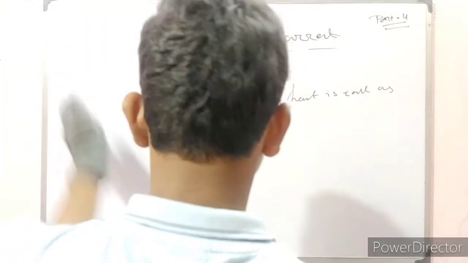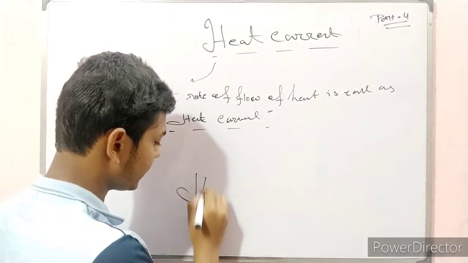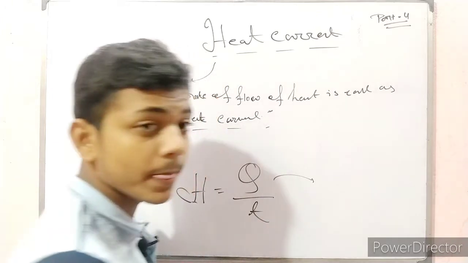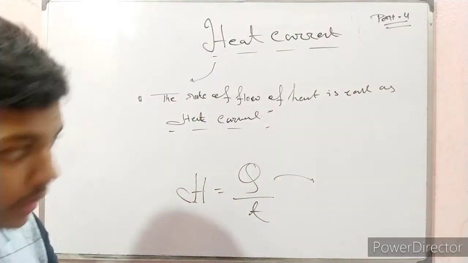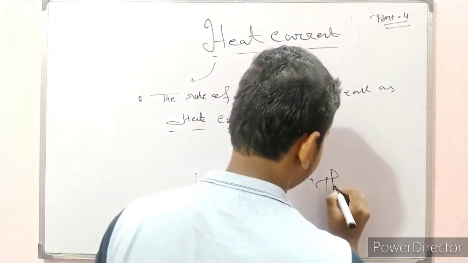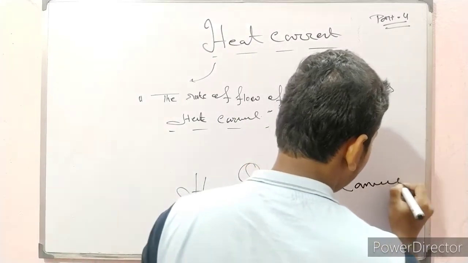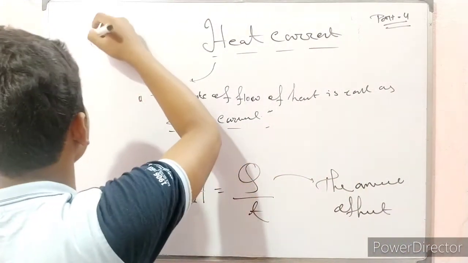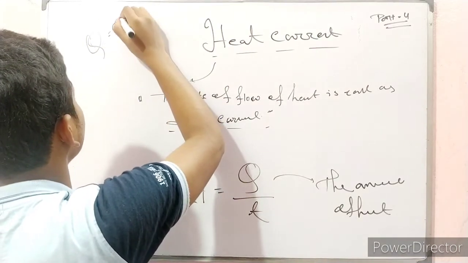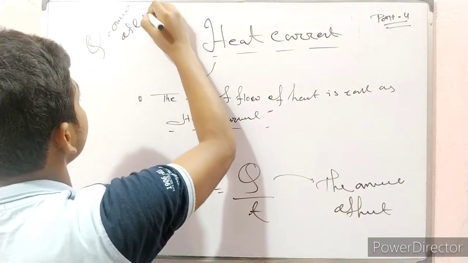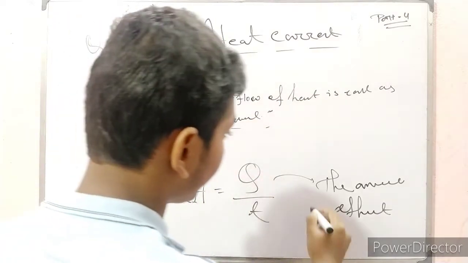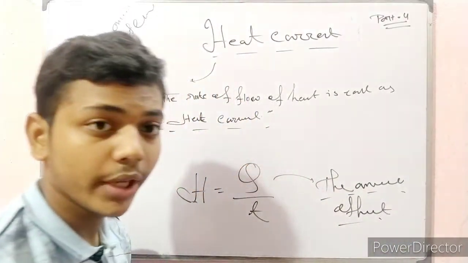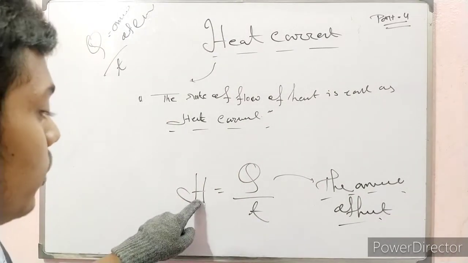Here also the same thing: H equals Q by T, where Q is the amount of heat by time.